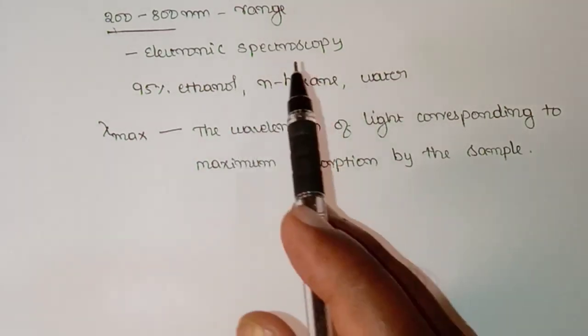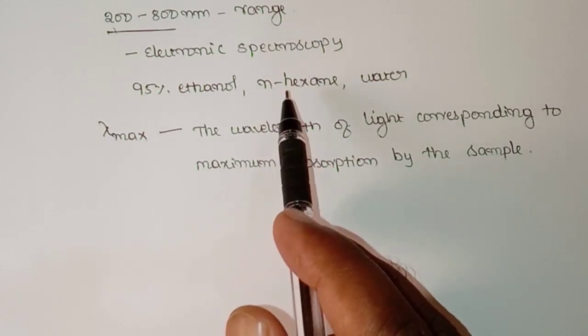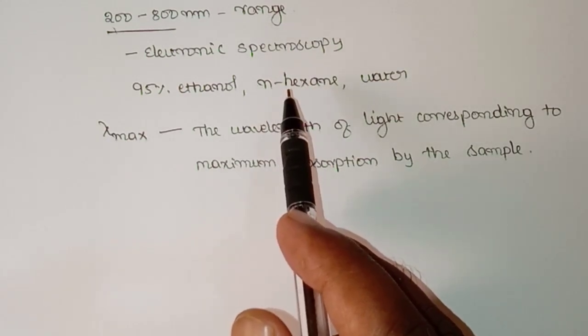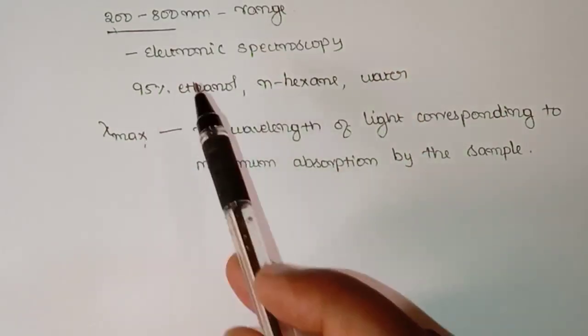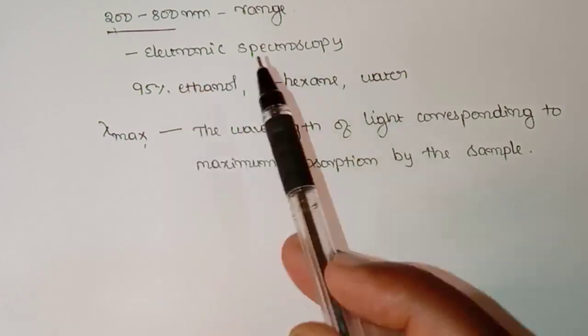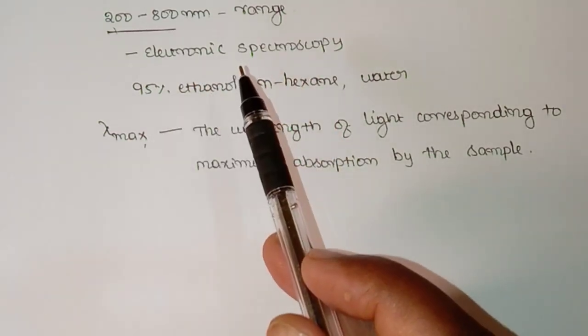When UV visible radiation is passed on to the material using the spectrophotometer, it is possible to measure lambda max, the wavelength of maximum absorption, as well as the intensity of the absorption.